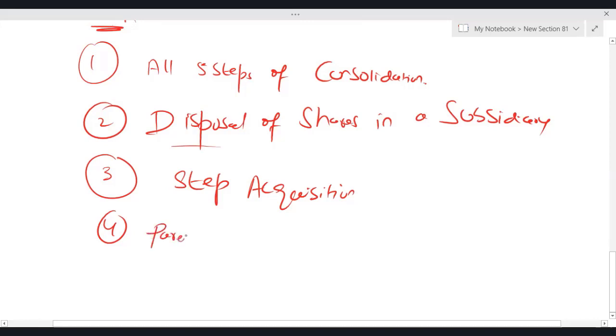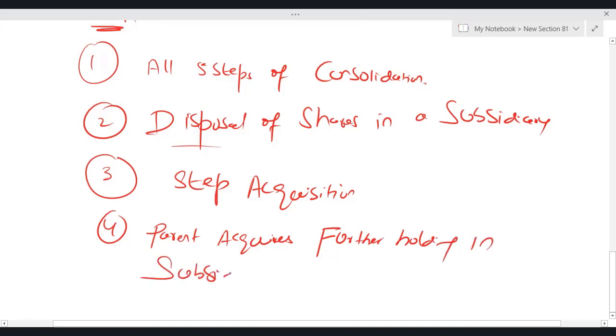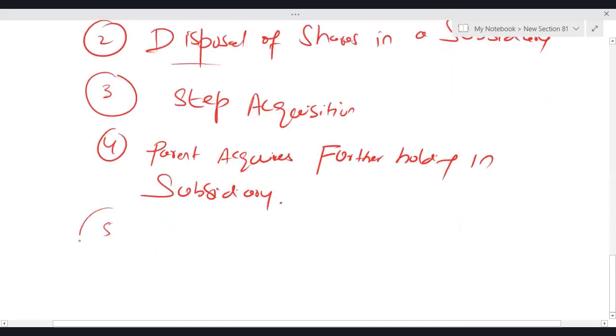Parent acquires further holding in subsidiary. How to deal with that? Your subsidiary could be an overseas subsidiary.